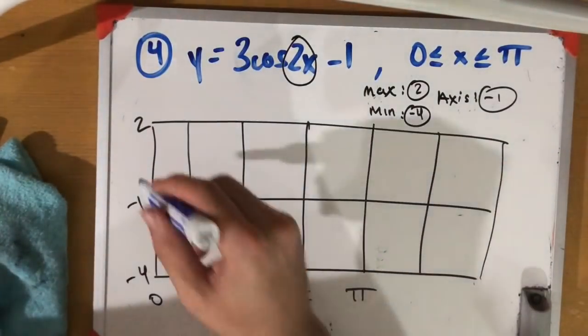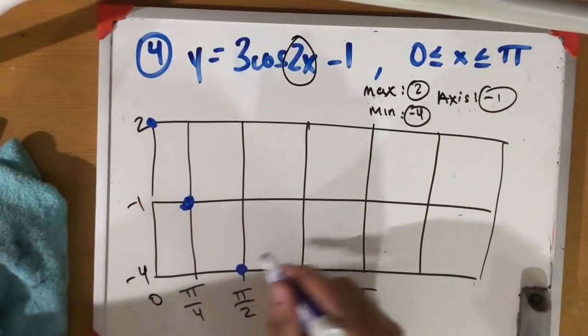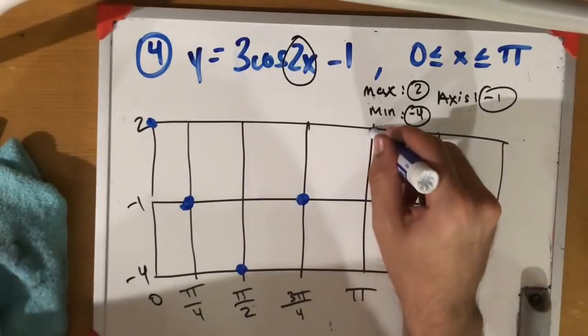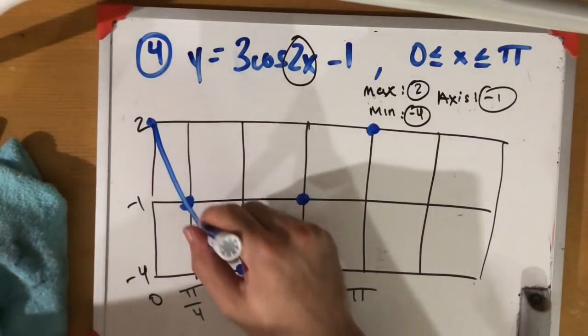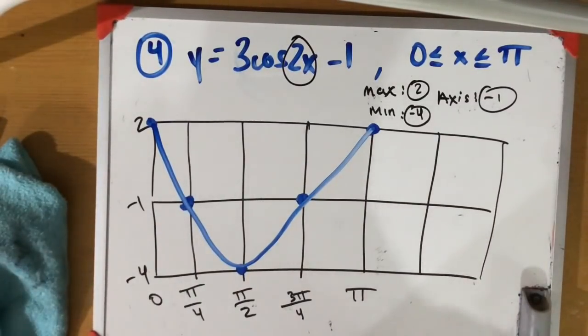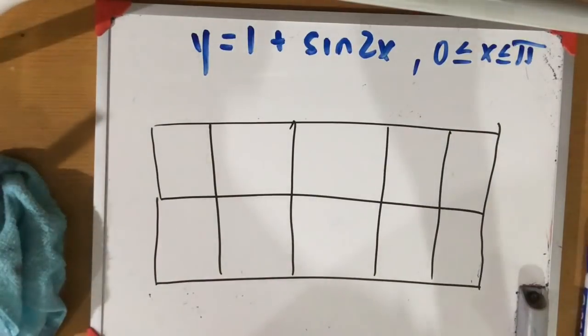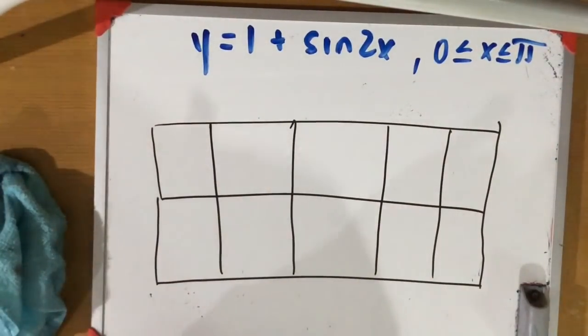For cosine, again, we start off at max, axis, back to axis, and then max. All right, so this is how your 3 cosine 2x minus 1 looks. 4b. This would be 4b.